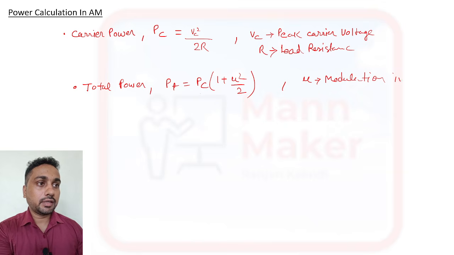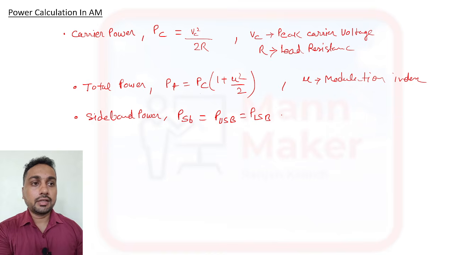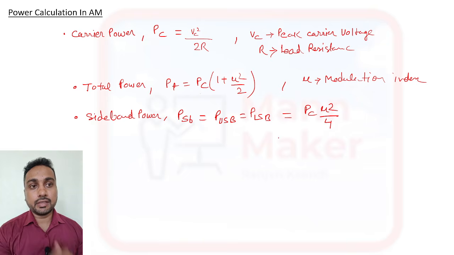Now we have sideband power, that is PSB. P upper sideband is equal to P lower sideband. For both upper and lower sideband the same formula applies: PC mu square by 4.